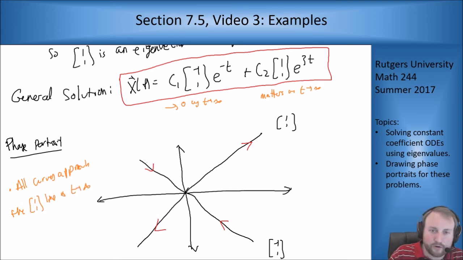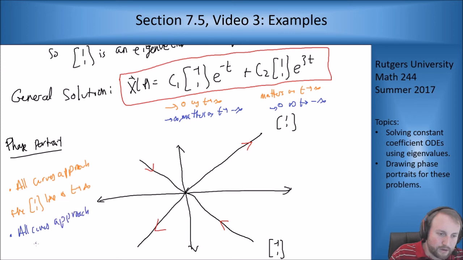And then we get the reverse the other way. This goes to infinity and matters as t goes to minus infinity, and this goes to 0 as t goes to minus infinity. So all curves approach the (minus 1, 1) line as t goes to minus infinity.